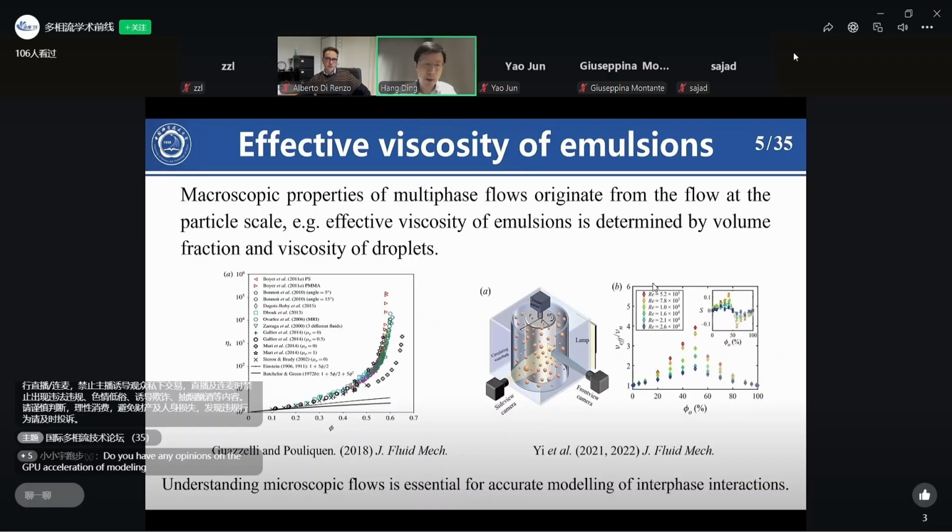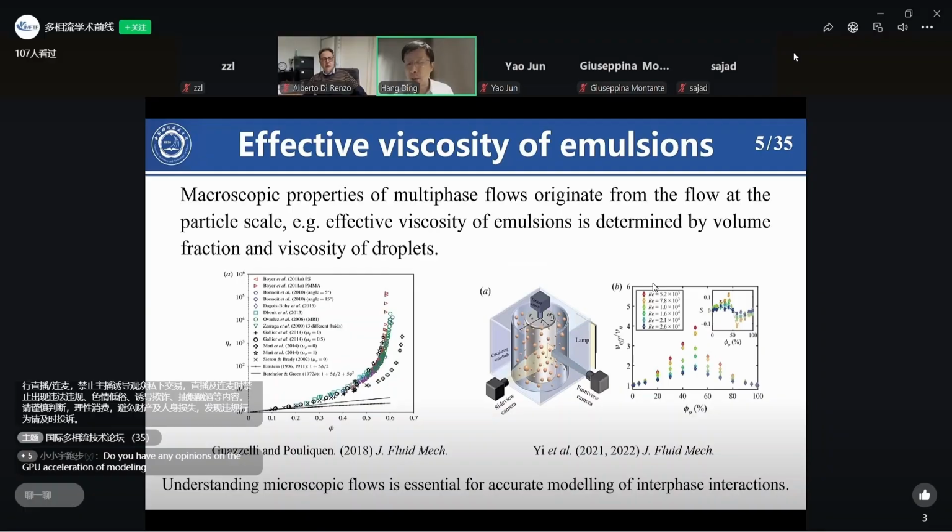For example, here I list a paper prepared by Professor Gosley and Polik, published in JFM in 2018. That shows the previous study regarding this theoretical analysis, what model can be used to approximate the effective viscosity with particulate flows.